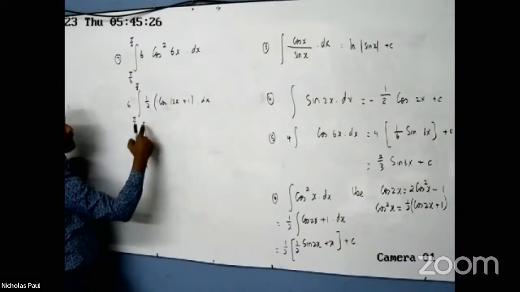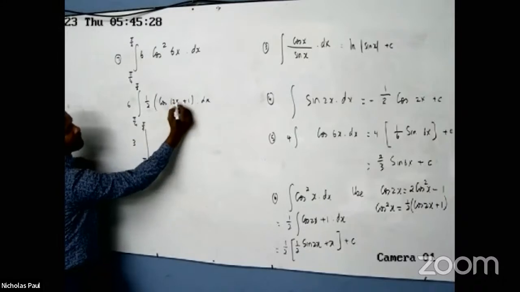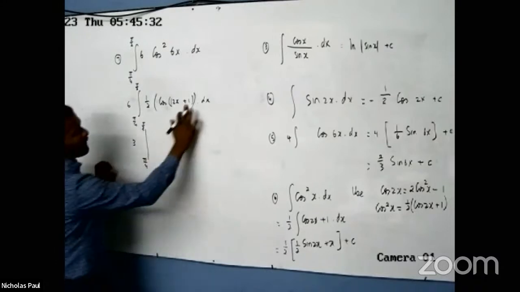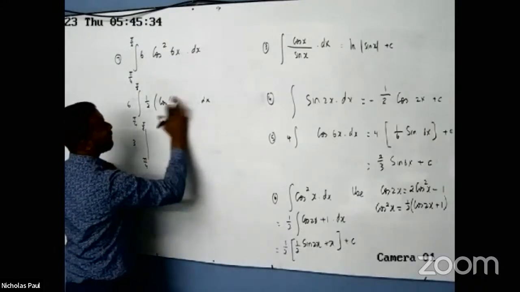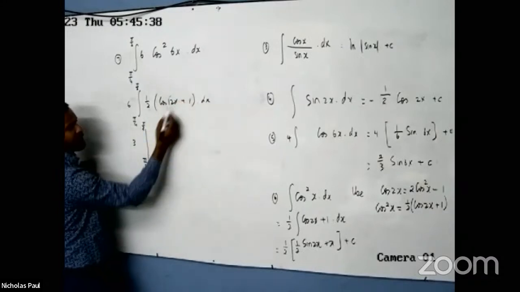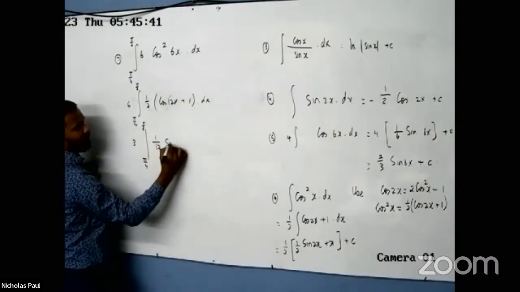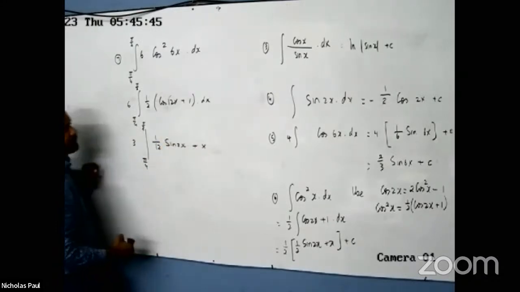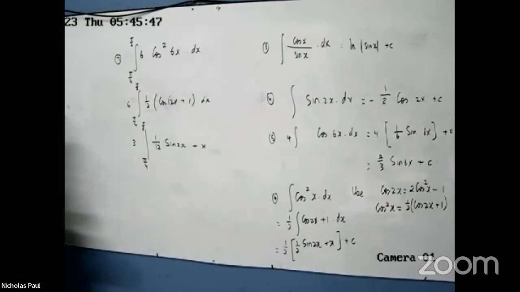So the integral of cos 12x is 1 over 12 sine 12x. The integral of 1 is x. Right? Nice.